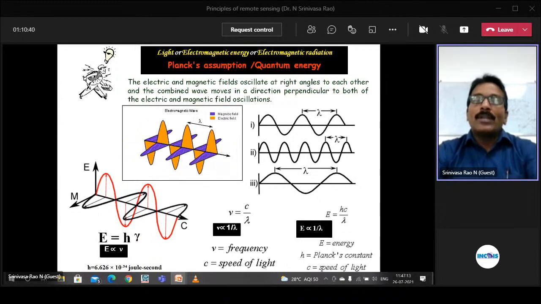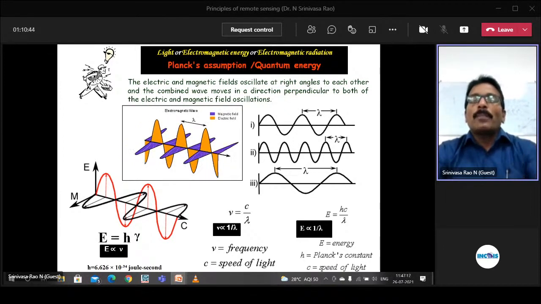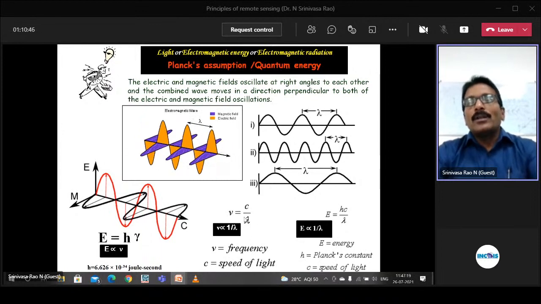The speed of light is constant. If you remove that constant c, frequency is inversely proportional to wavelength. What wavelength is, I will explain later. Just note this down: nu is frequency, lambda is wavelength, and c is the speed of light.